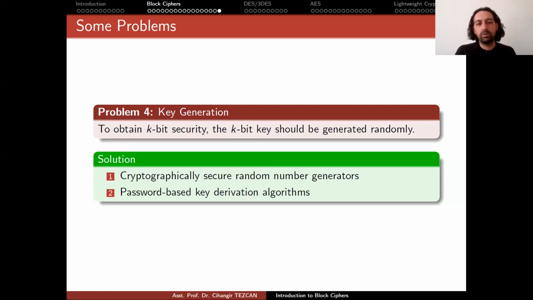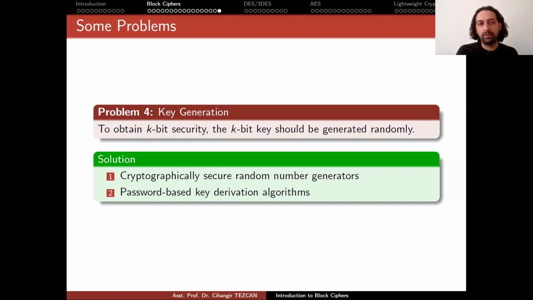So in order to solve this problem, you can use cryptographically secure random number generators. And secondly, you can use a password-based key derivation algorithm. So you choose a strong password, and your password is turned into bits by applying a hash function a lot of times, and that result is used as a secret key.